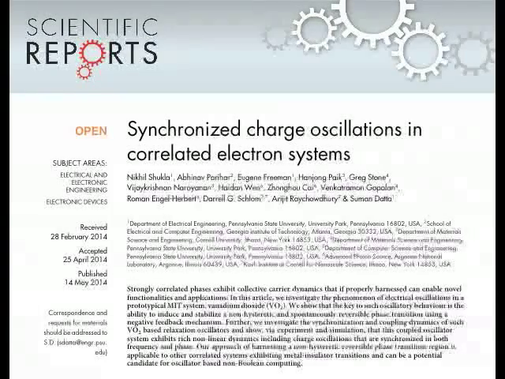The whole phenomenon of synchronized oscillations actually isn't very new. It goes back all the way to 1666, I think, when Christian Huygens, a Dutch physicist, first noted that if you have two pendulums which are suspended from the same bar, they kind of synchronize in their oscillations, and they start swinging with the same frequency and they lock in phase.